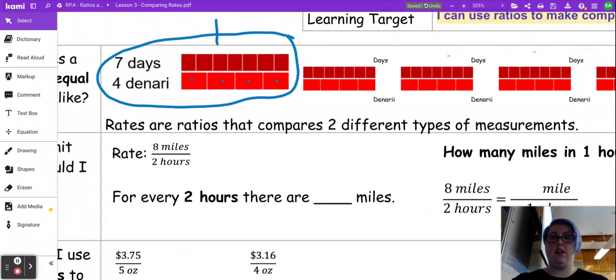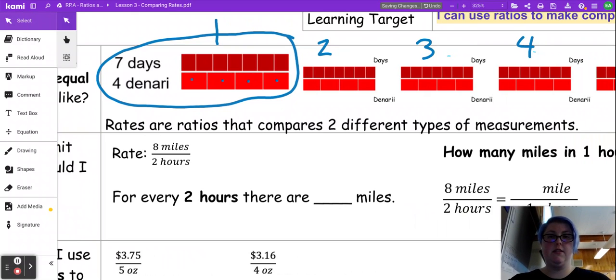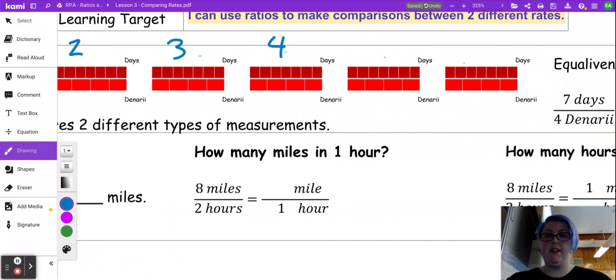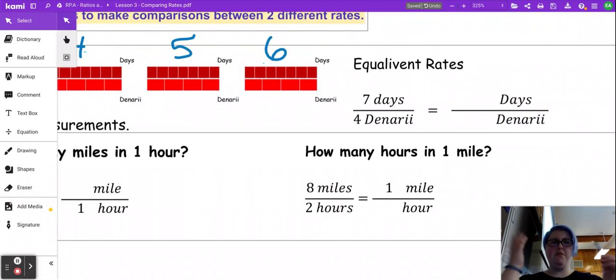So if our guard works for 1 week, 2 weeks, 3 weeks, 4 weeks, 5 and 6 weeks, we want to know how many denarii will that guard get.